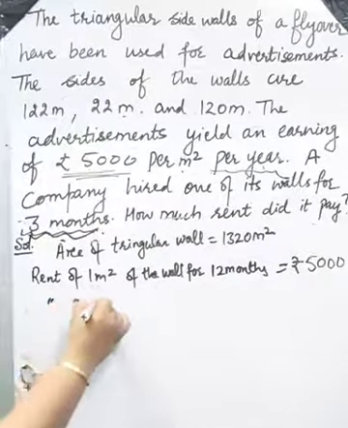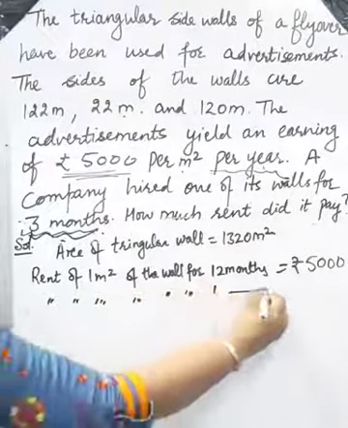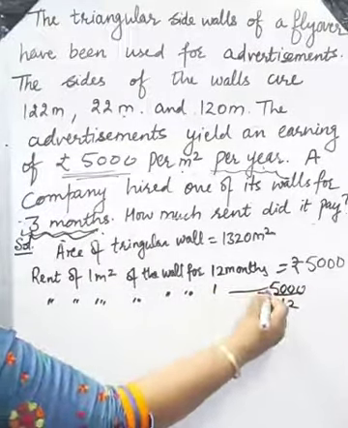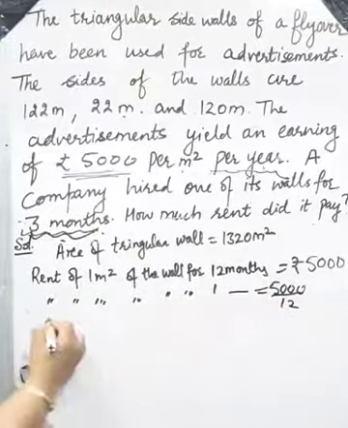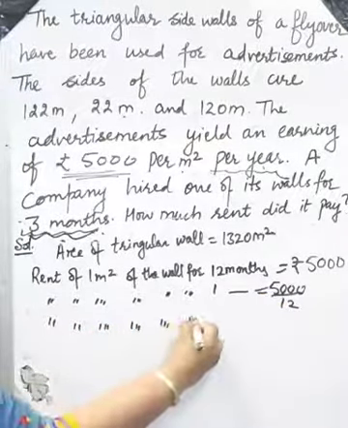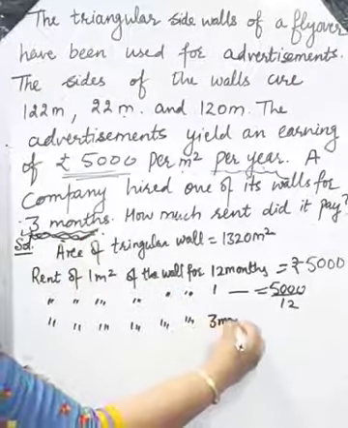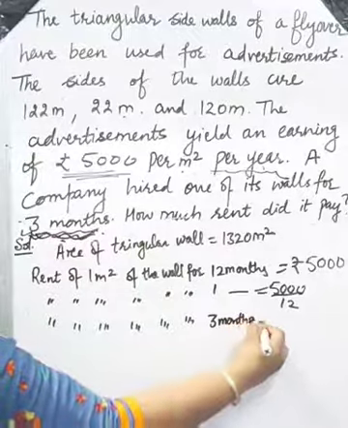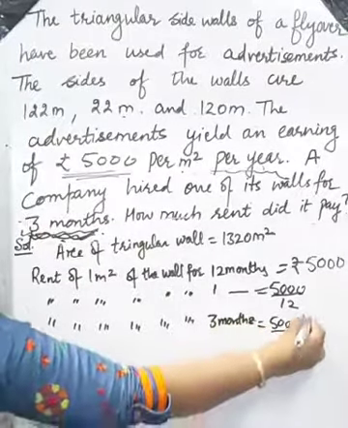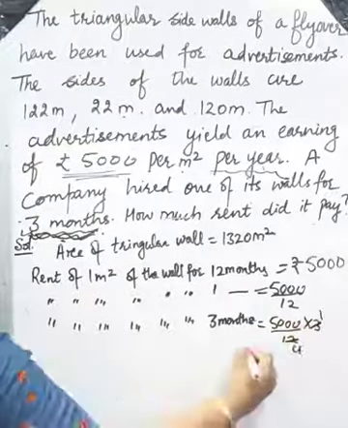Now rent of 1 meter square of the wall for 1 month will equal to 5,000 by 12. Next line. Rent of 1 meter square of the wall for 3 months will equal to 5,000 divided by 12 into 3. 3 ones are 3, 3 fours are 12.